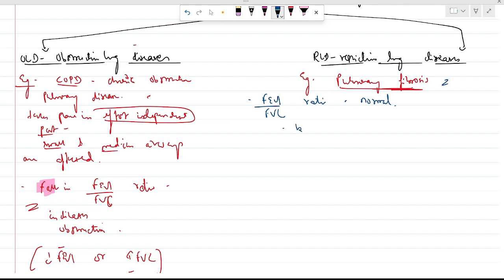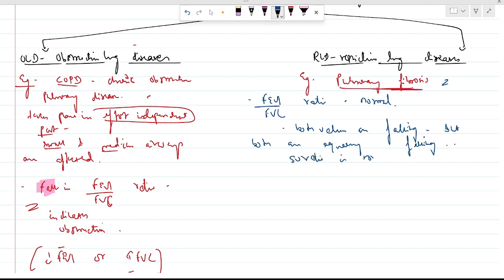Both values are falling, but both are equally falling, so the ratio is normal.